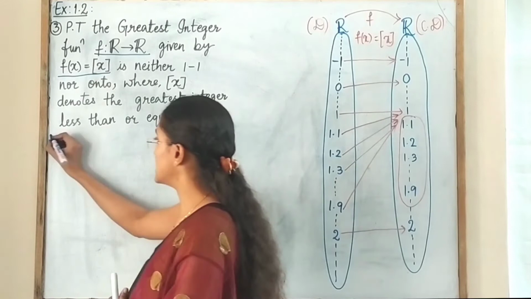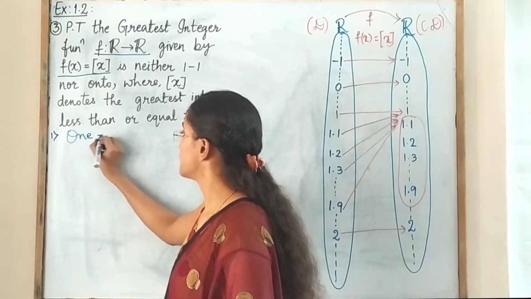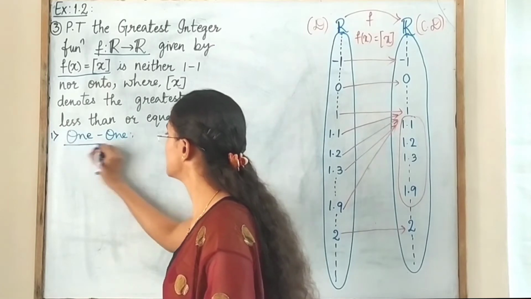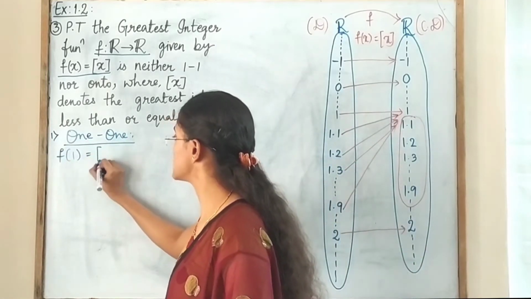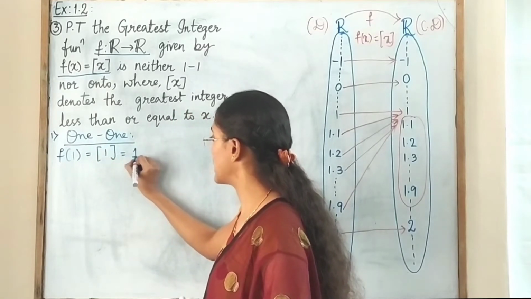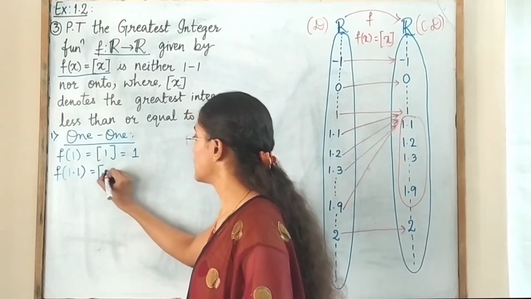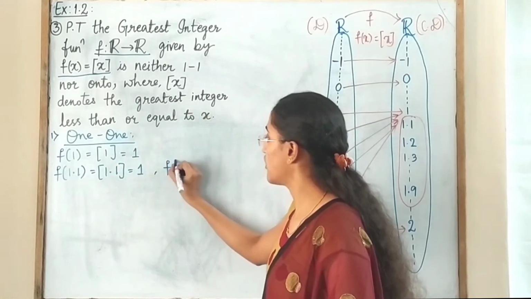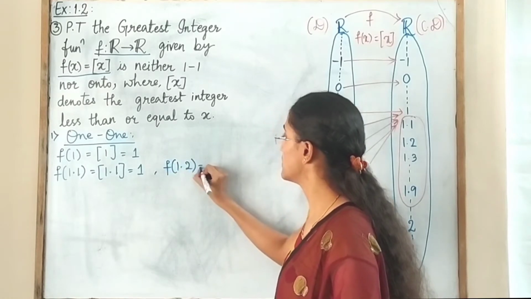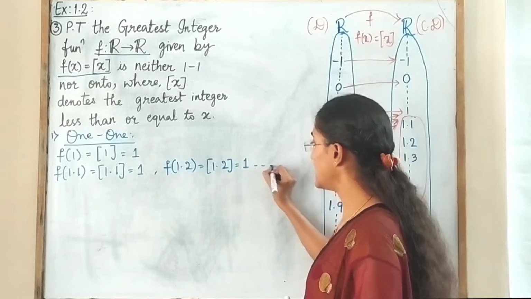Now, writing in a general way, you can give a counter example even for this. Starting with one-one function, you can note here f of 1 is equal to the greatest integer function of 1, which gives us 1 itself. f of 1.1 gives us the greatest integer function of 1.1, which will be again 1. Then f of 1.2 gives us again 1, and it goes on.